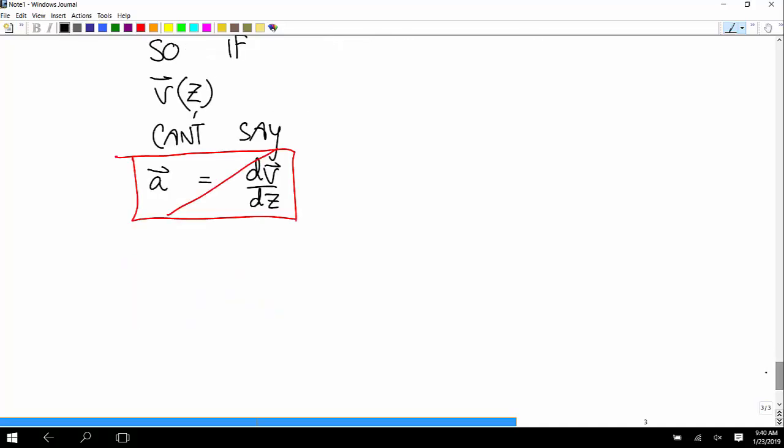Okay, so there's two directions you can go with these functions.